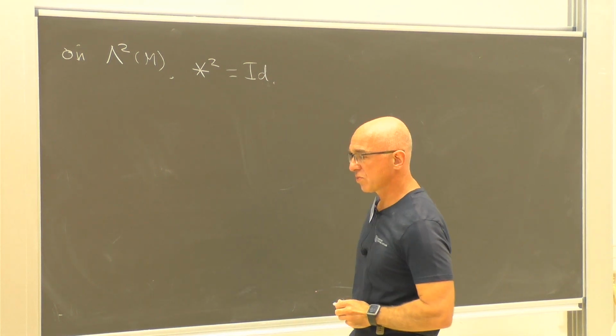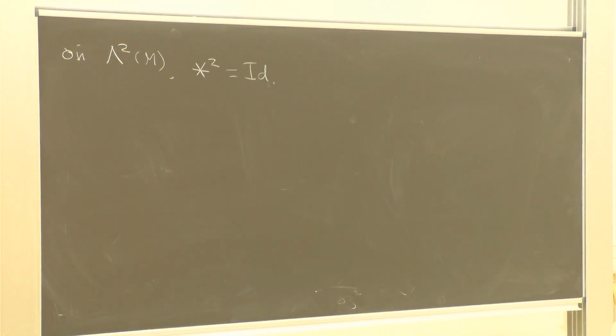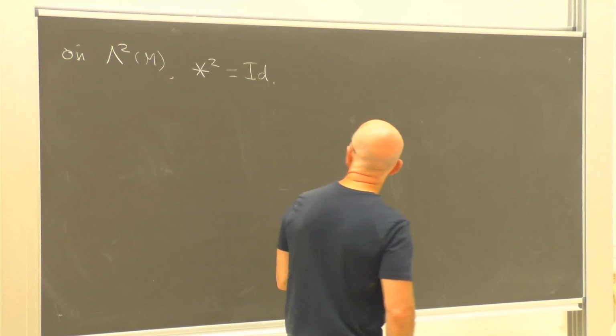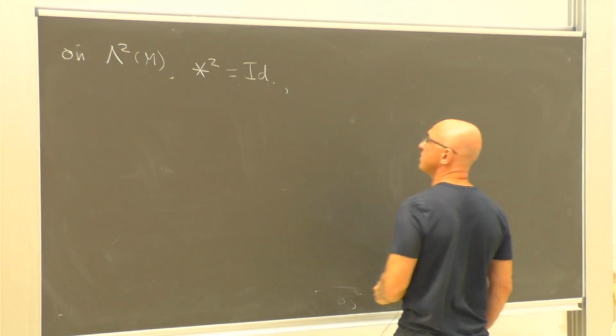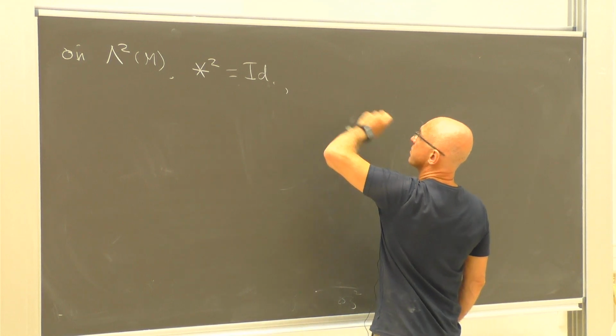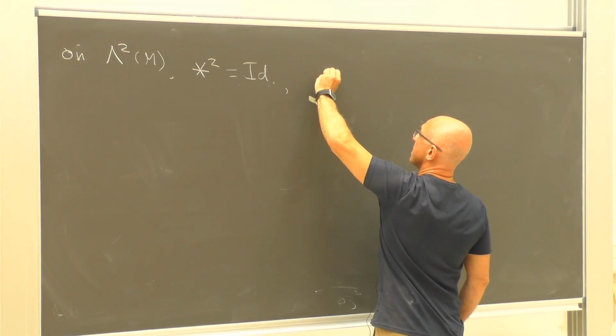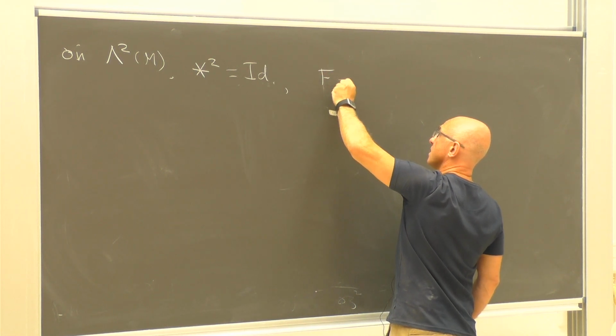Okay, so what that means is, from a linear algebra perspective, you can look at the space of all 2-forms, and you can decompose it into 2 eigenspaces of this operator. There is an eigenspace with eigenvalue 1, an eigenspace with eigenvalue -1. And the way you do that, you have to check that this follows from my definition. You'll say the following. Let's say that F, or maybe capital F, is a 2-form.